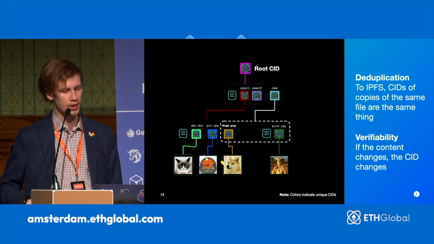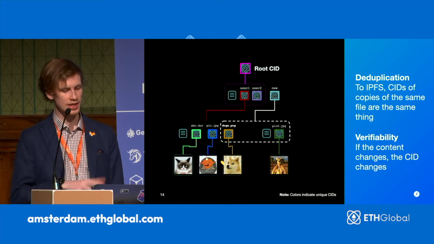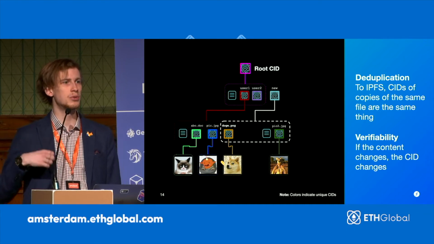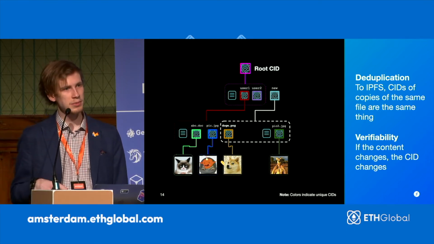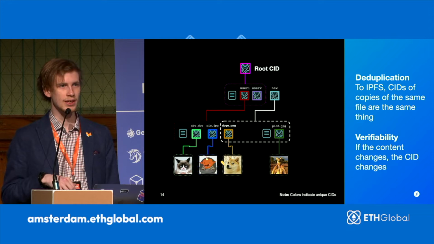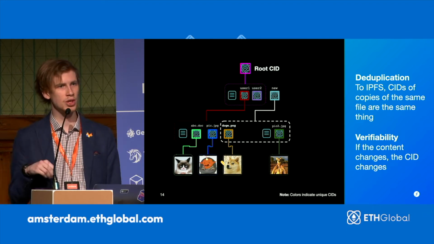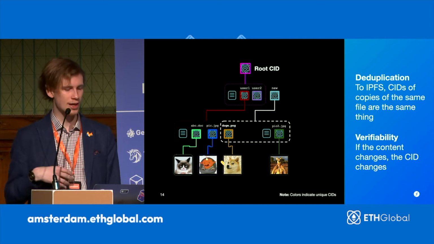So here, for example, I create a new folder which contains 2 images, and even though I create a new folder with a new list, apparently it gives me the CIDs of the previously added objects because, again, CIDs are referring to the object content and not to where they are located.